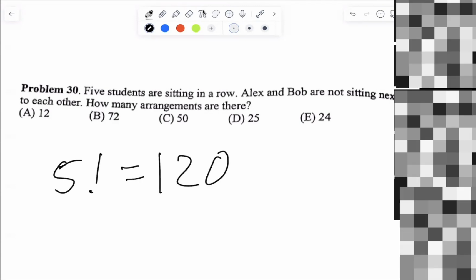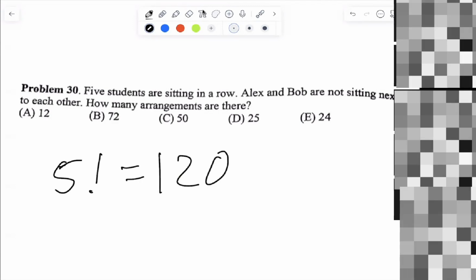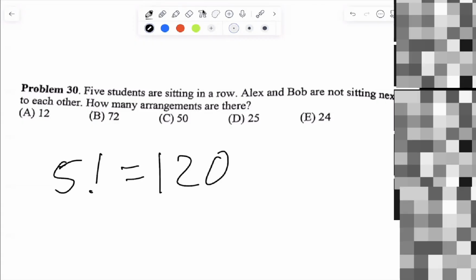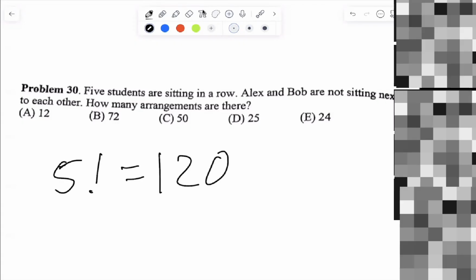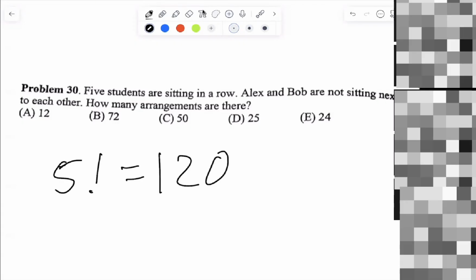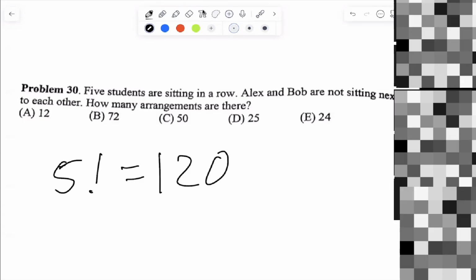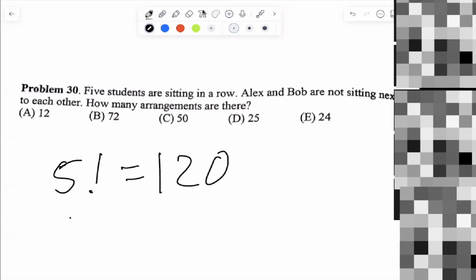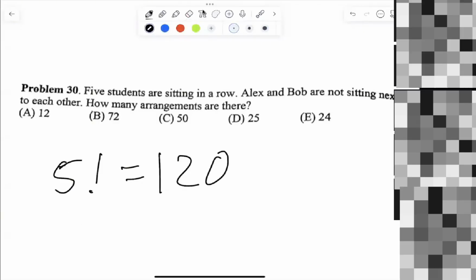Now, how many ways if Alex and Bob are sitting together? Well, let's think about Alex and Bob as a new person, let's say, Charles. And so after that, we're gonna have three people and Charles, because Alex and Bob are part of Charles. And then there's three students minus Alex and Bob. This is just four factorial ways, since Charles is another person.